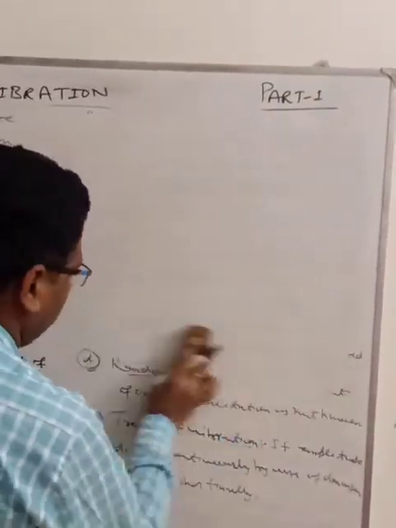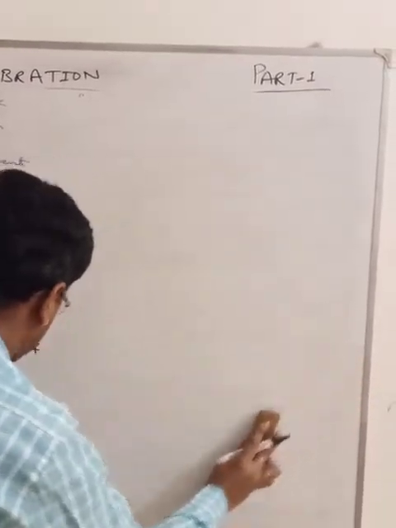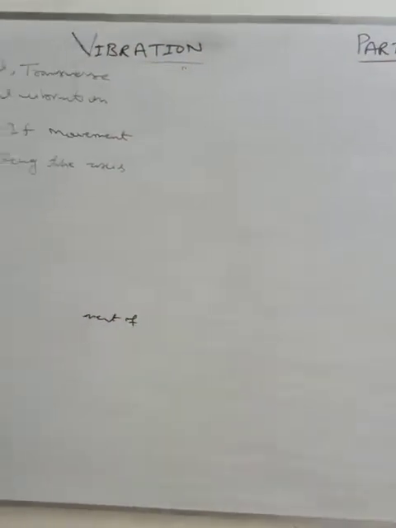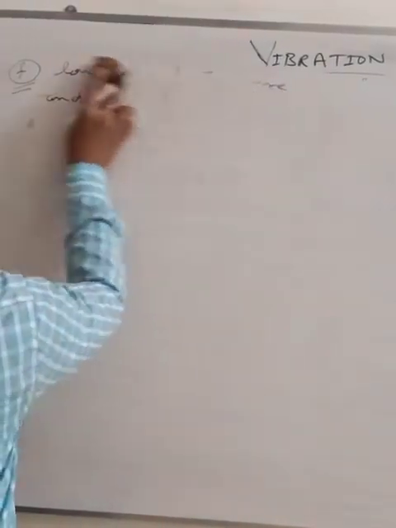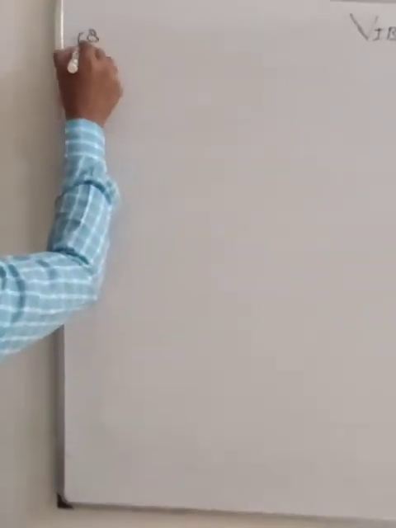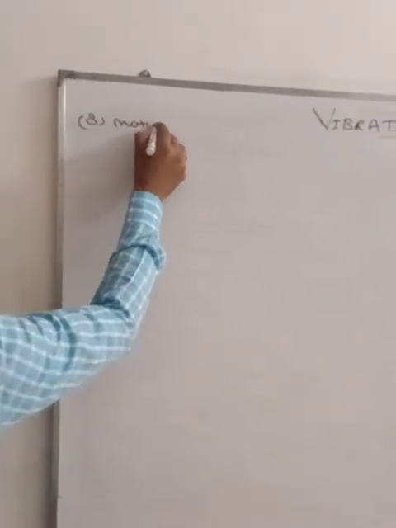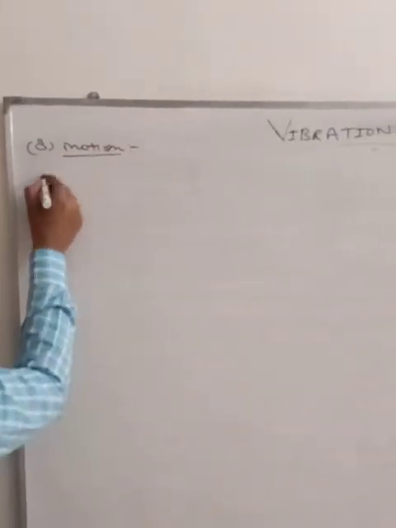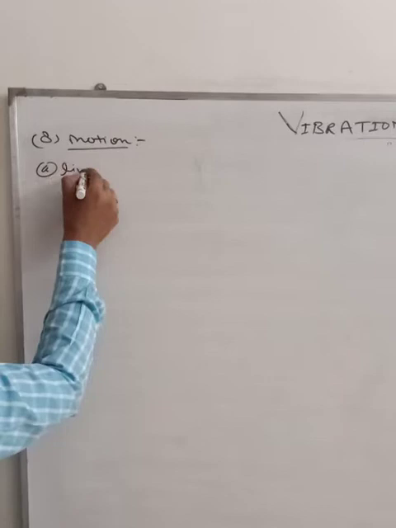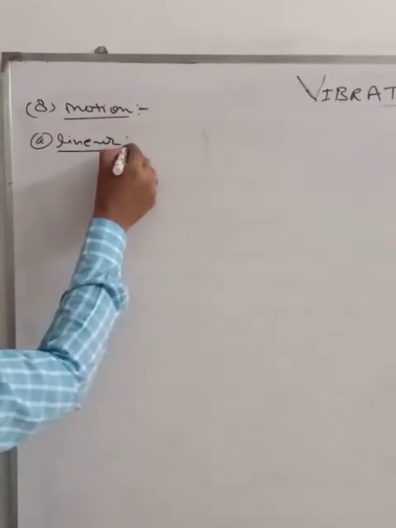Our next topic is the motion we consider in vibrations. Two types of motion are considered: linear and angular.